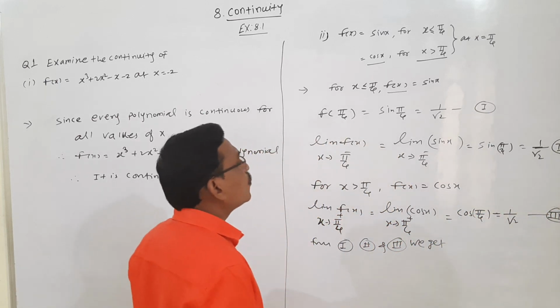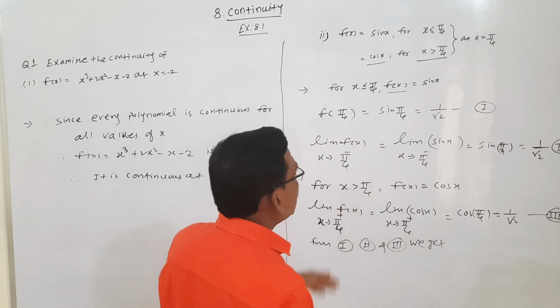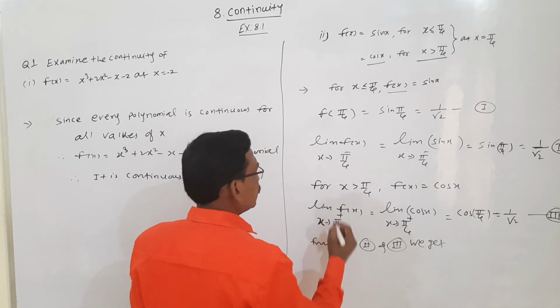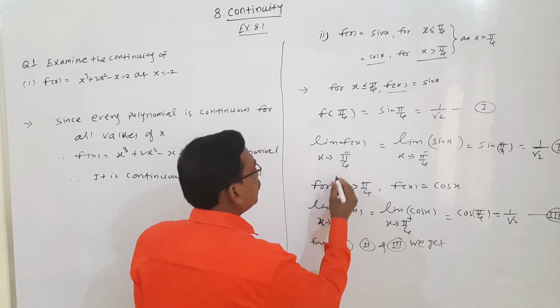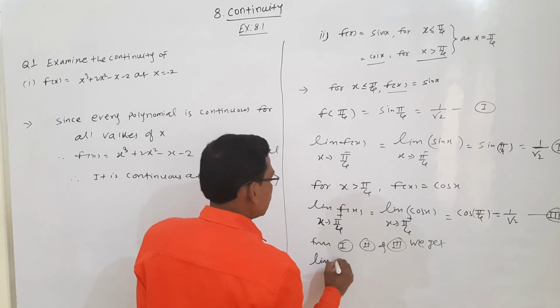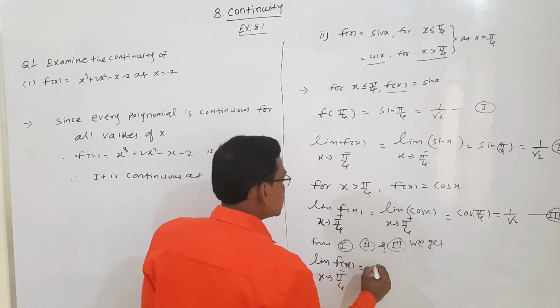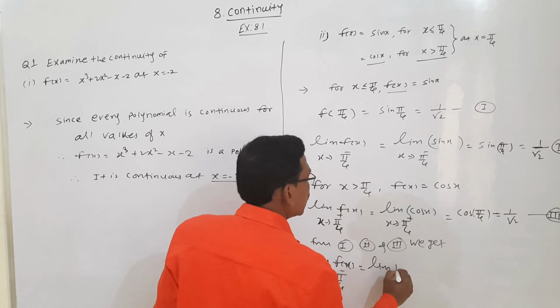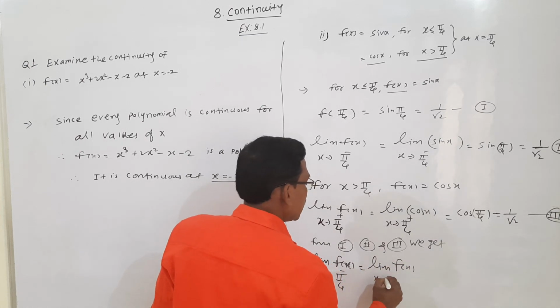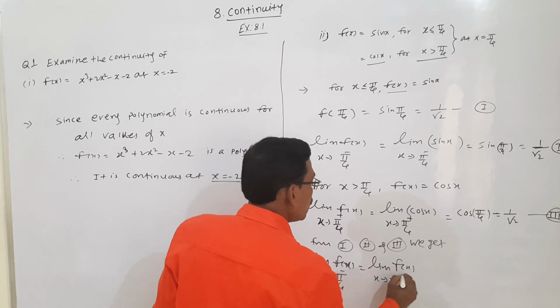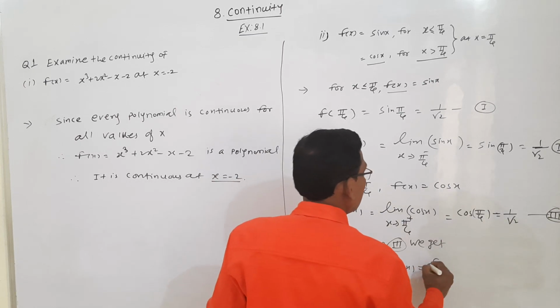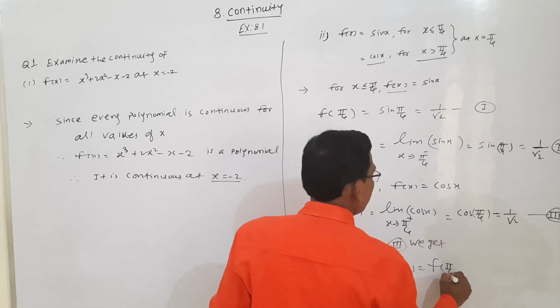Therefore, the left hand sides are also equal. The left hand side limit of f of x as x tends to pi by 4 minus equals the right hand side limit as x tends to pi by 4 plus, which equals the function value at that point, f of pi by 4.